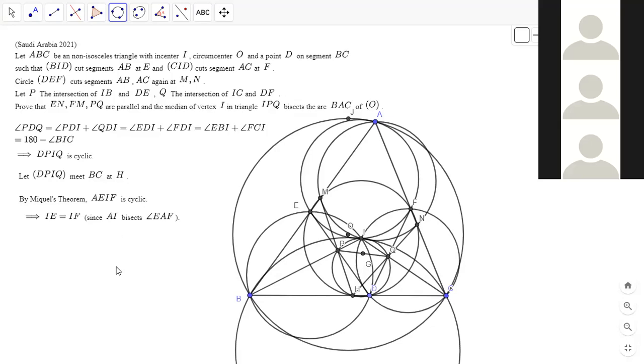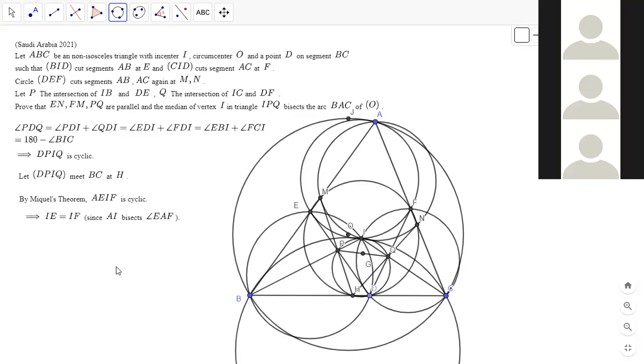Yeah. Because of the angle bisector symmetry. And that is not hard to show since AI is equal to AF, ID is equal to IF because of the angle bisector, and similarly ID is equal to IE.